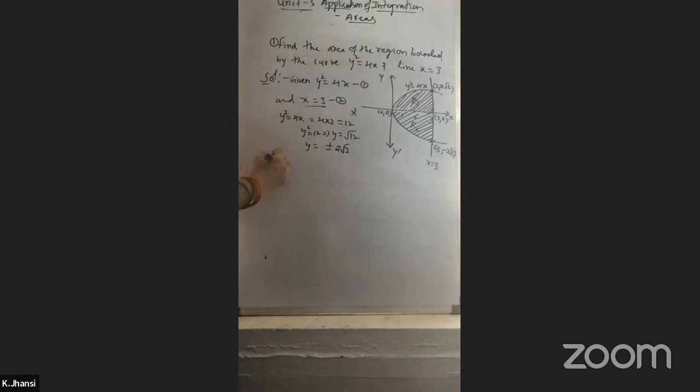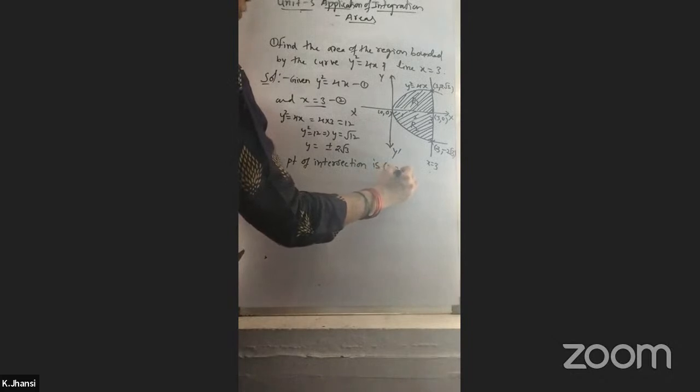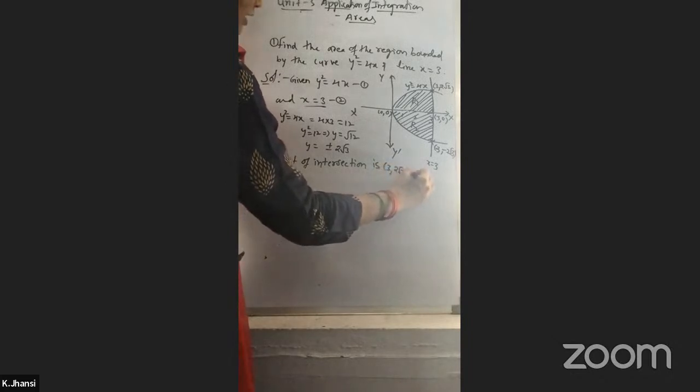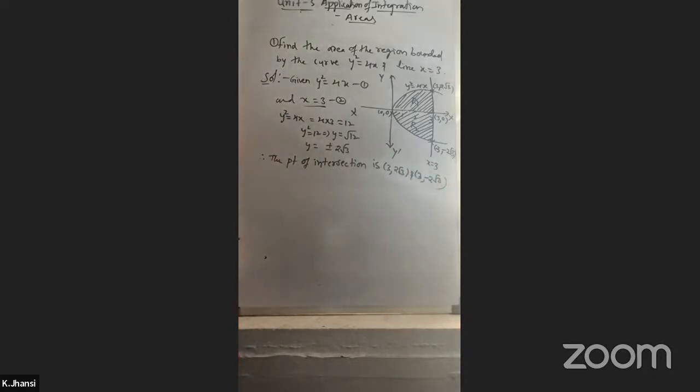Therefore the points of intersection are 3, comma 2 root 3 and 3, comma minus 2 root 3. Okay. So these are the points of intersection.